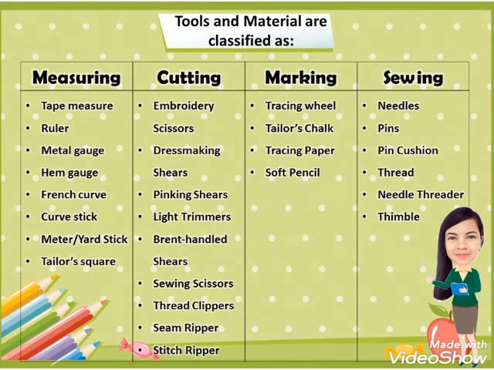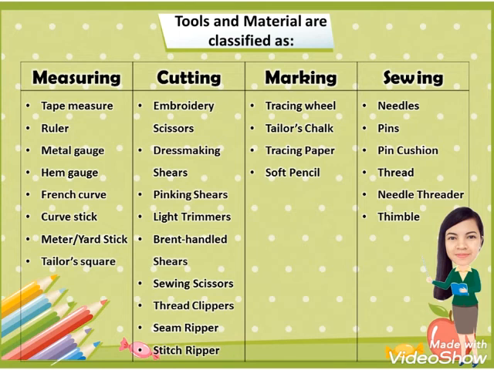To summarize, tools and materials used for sewing fabrics are classified as measuring, cutting, marking, and sewing. For measuring tools, we have tape measure, ruler, metal gauge, hem gauge, French curve, curve stick, meter or yardstick, and tailor square.